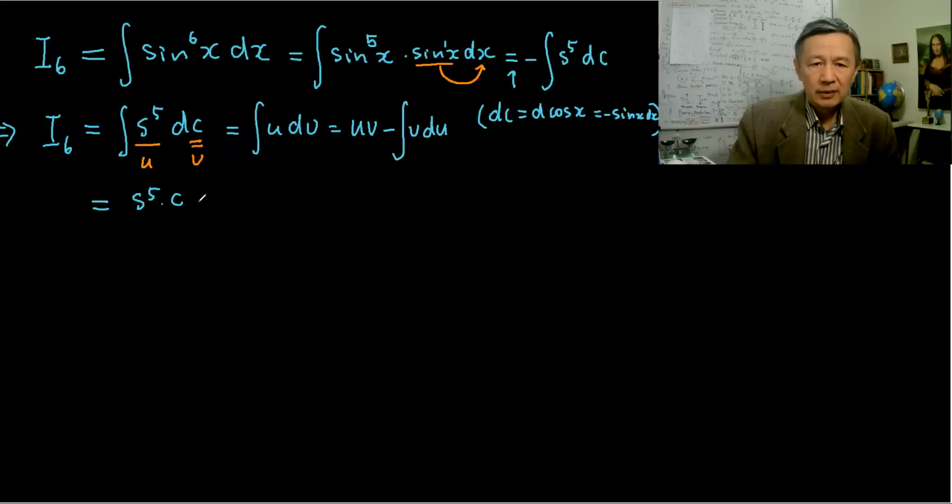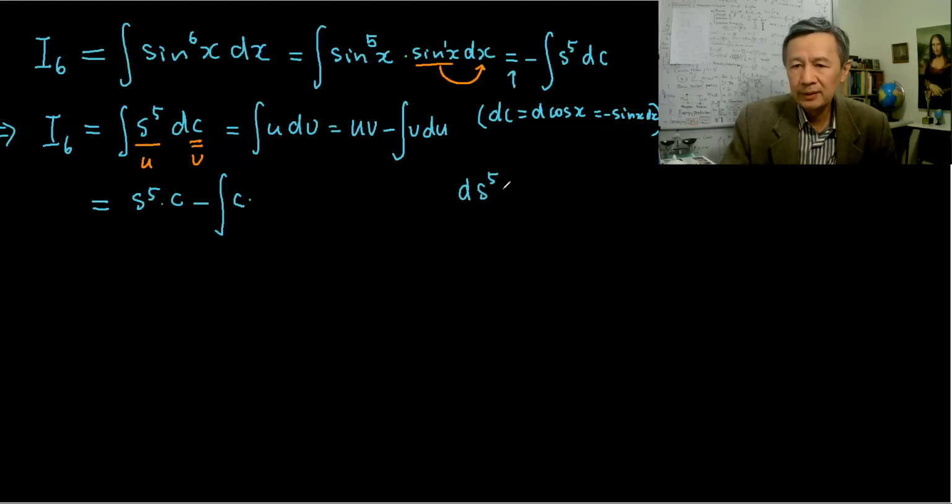So let's just continue writing. Can you see? This is UV, take away the integral here. What is V? V is c. Okay. What is dU? dU of s^5 is a composite function, so we go to the basic method to calculate differentiation: 5 s^4, 5 minus 1, times s, times c, sorry, times c here. c for cosine.